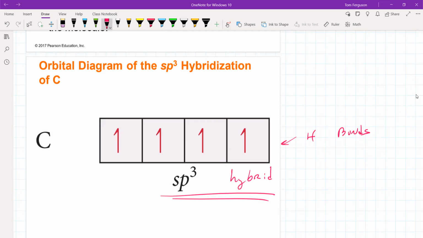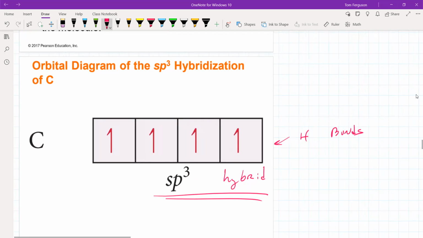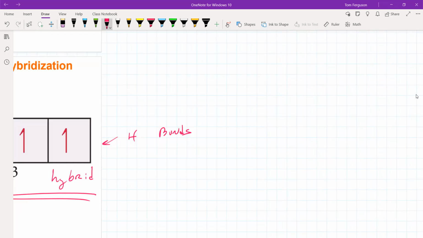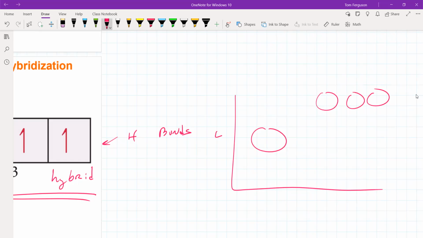Okay, so that's the standard configuration for carbon, right?